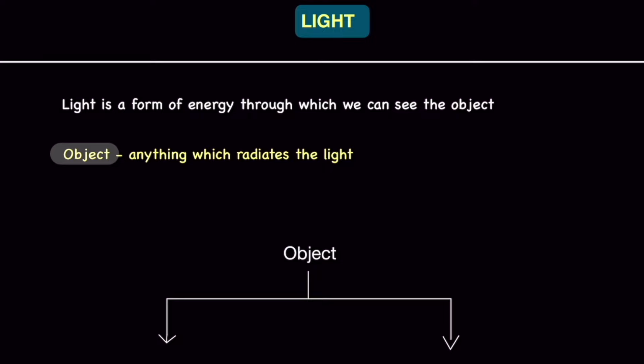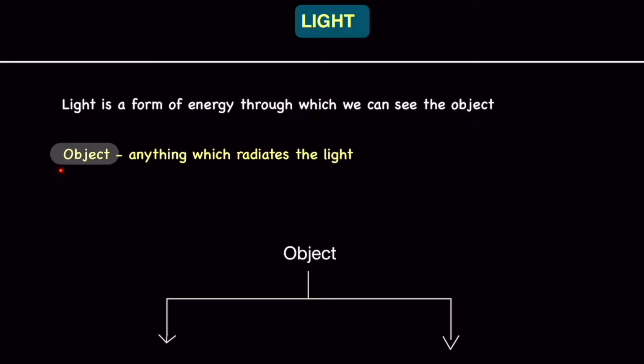But at night, when there is no source of light, we can't see the object. For example, if you read a book, you need proper light to read it. But at night, you can't read it because you will not be able to see anything. So that's why light is a form of energy through which we can see the object.